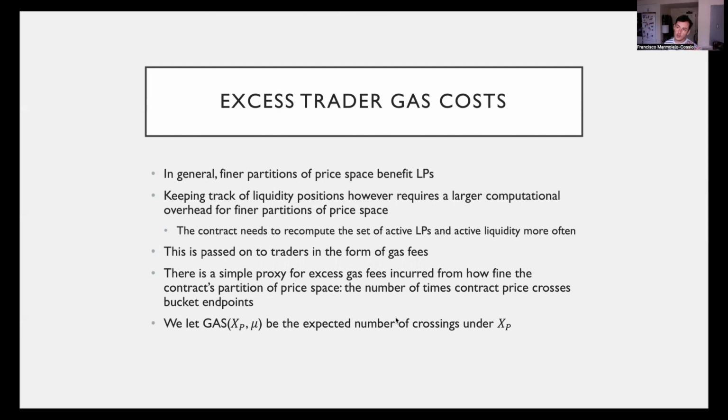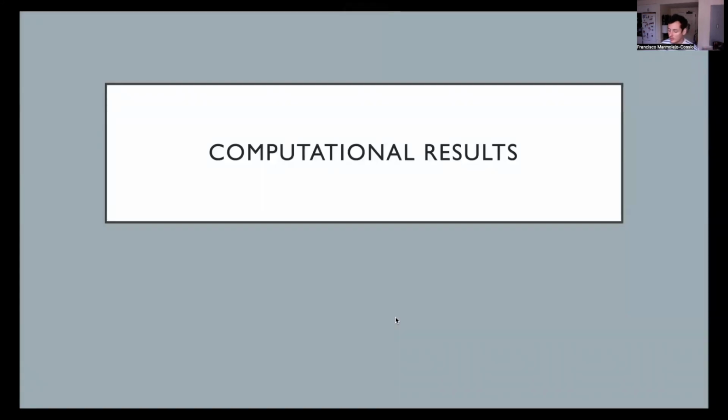So we let this quantity, gas, of the given distribution and the bucketing scheme represent the expected number of crossings as a proxy for these gas fees. And so with all that, we can start to get to the computational results.